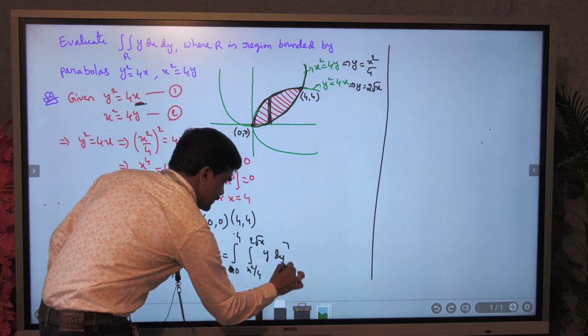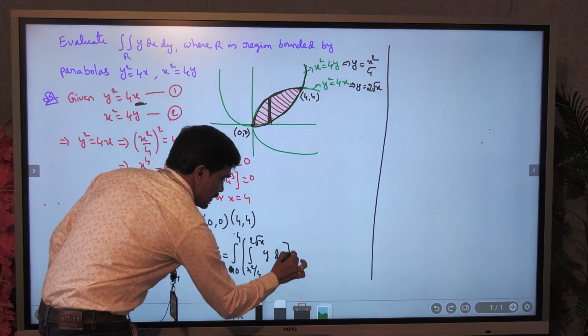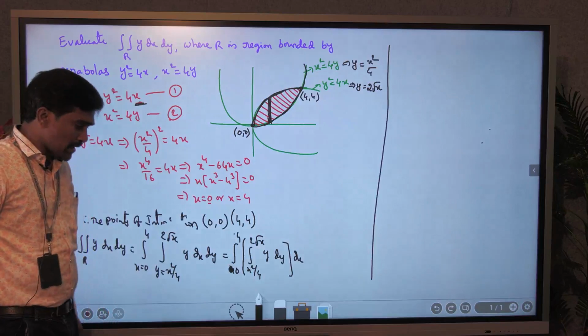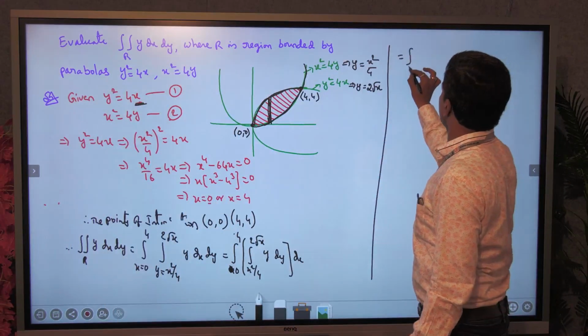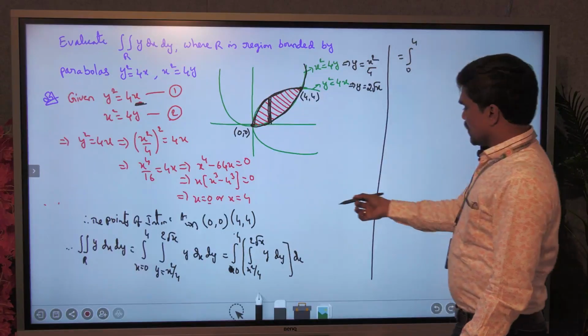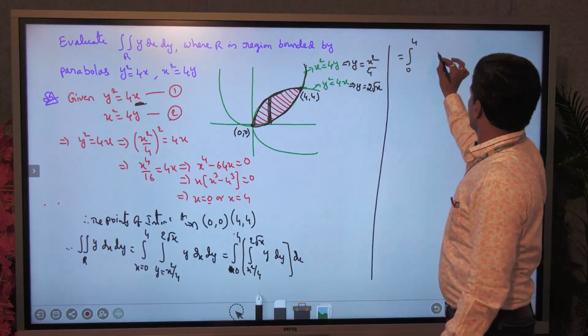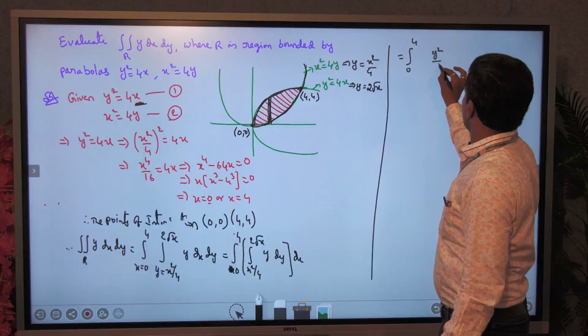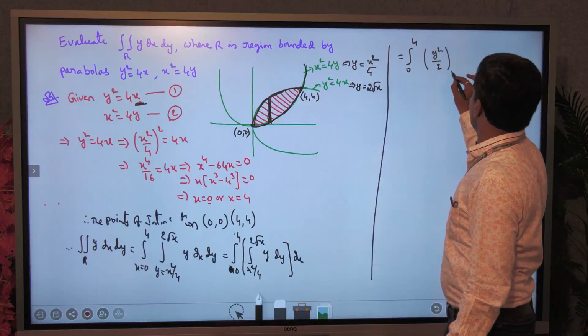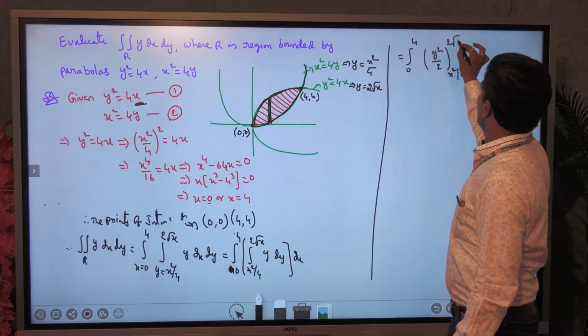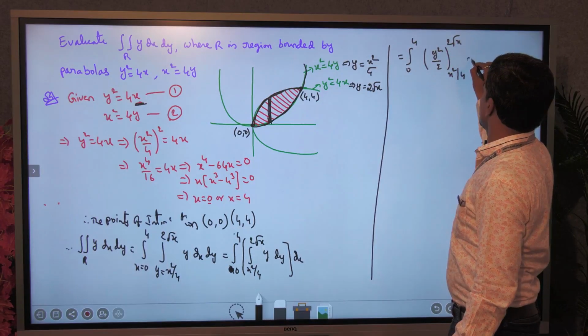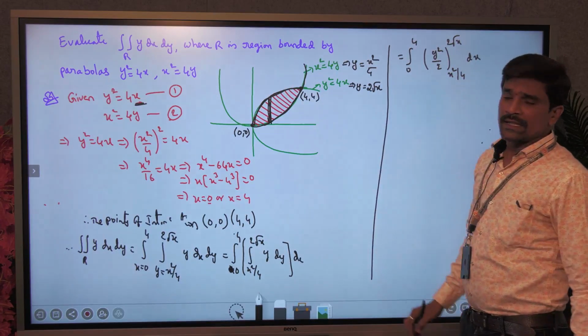Now here integrate with respect to y first, then with respect to x, right? The integral from 0 to 4, the integration of y is y square by 2. Now substitute the upper limit and lower limit. The lower limit is x square by 4, the upper limit is 2 root x. So then into dx.